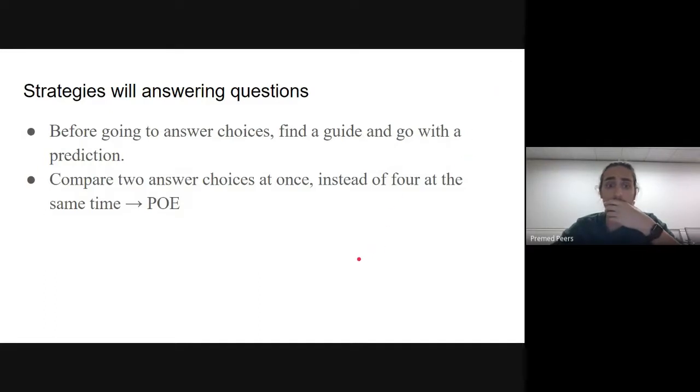The reason I'm mentioning this is that the right answer is always in the passage. So if we go with a prediction from the passage, the right answer is going to be the one that corresponds to that. The second thing we're going to do is not read four answer choices at once. We're going to read two and compare them to each other, and then go down further, using a process of elimination.